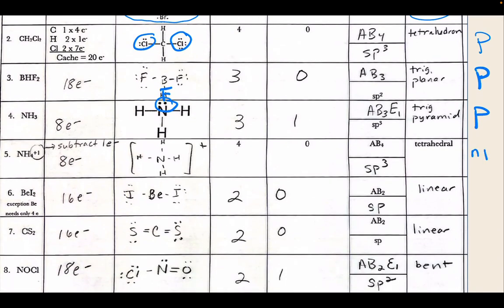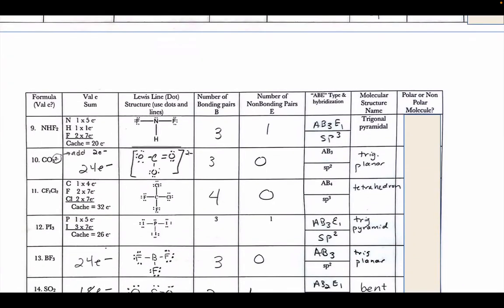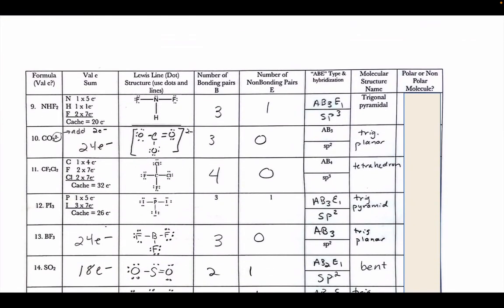Next one would be nonpolar. Next one is nonpolar. There's no electrons on the central atom. It's linear, and they're the same atom on the sides. Nonpolar, polar. Then we get here. This would be polar. Oops, my pen isn't working. Nonpolar.